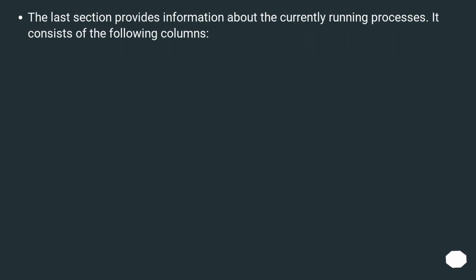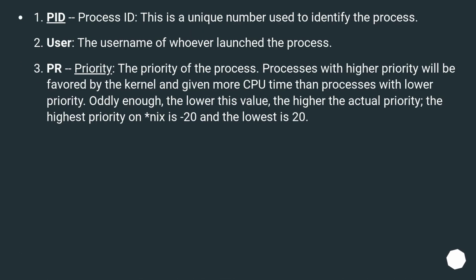The last section provides information about the currently running processes. It consists of the following columns. PID, process ID: this is a unique number used to identify the process. USER: the username of whoever launched the process.